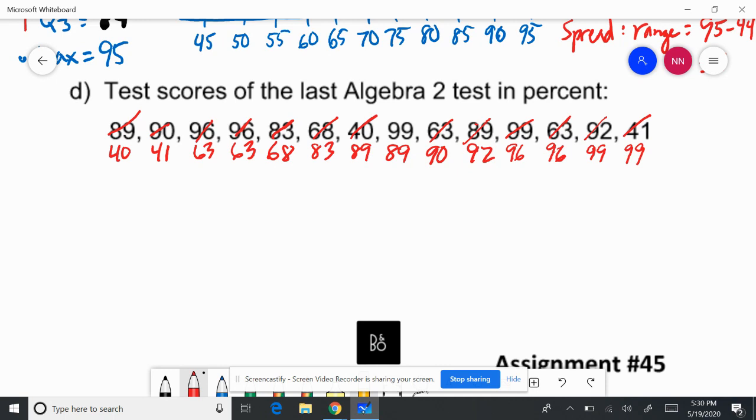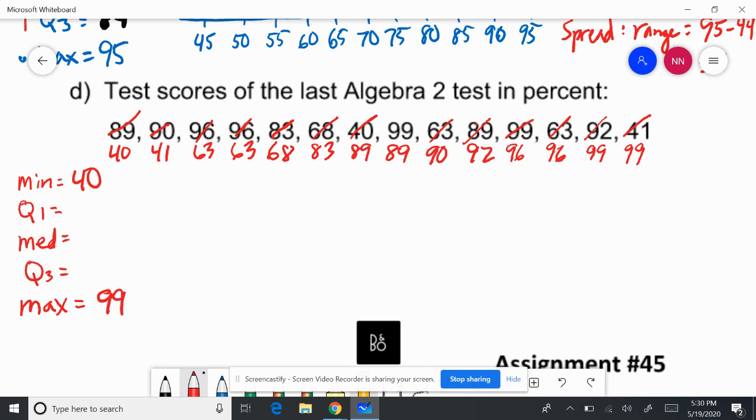We're going to find our 5-number summary, our minimum, our Q1, our median, our Q3, and our maximum. Minimum and maximum are the easiest, so we start off with those. We have 40 and 99.